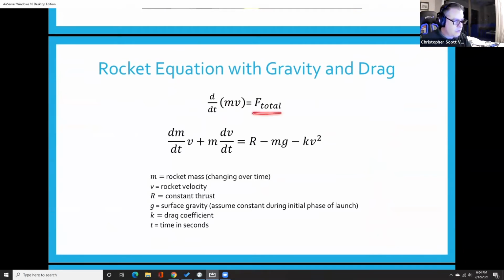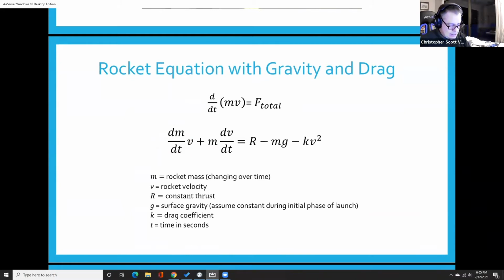So I will start with total force is change in momentum over time. And that's a product rule, right? And my total is going to have a changing mass. I'll have a changing velocity. I'll have the rate of change of the mass, I should say, and that is a variable mass. This is key, right? The mass is going to drop because it's burning fuel. So the mass decreases.